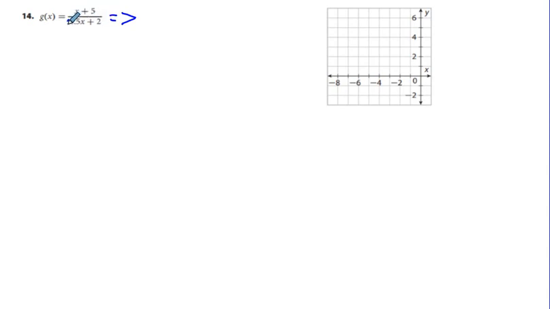If you go ahead and multiply both the numerator and denominator by 2, for problem number 14, you're going to get 2x plus 10 in the numerator and x plus 4 in the denominator. And this version, where it's 1x in the denominator as the divisor, is going to be easier to work with.